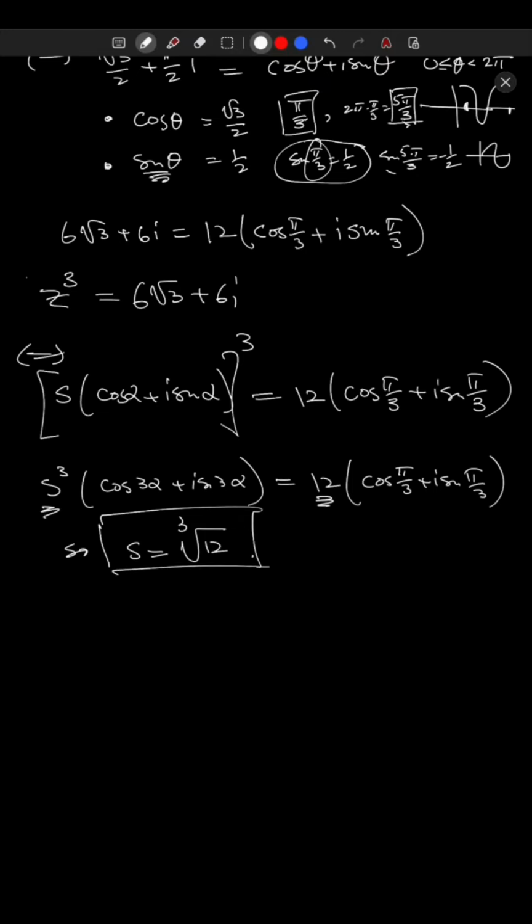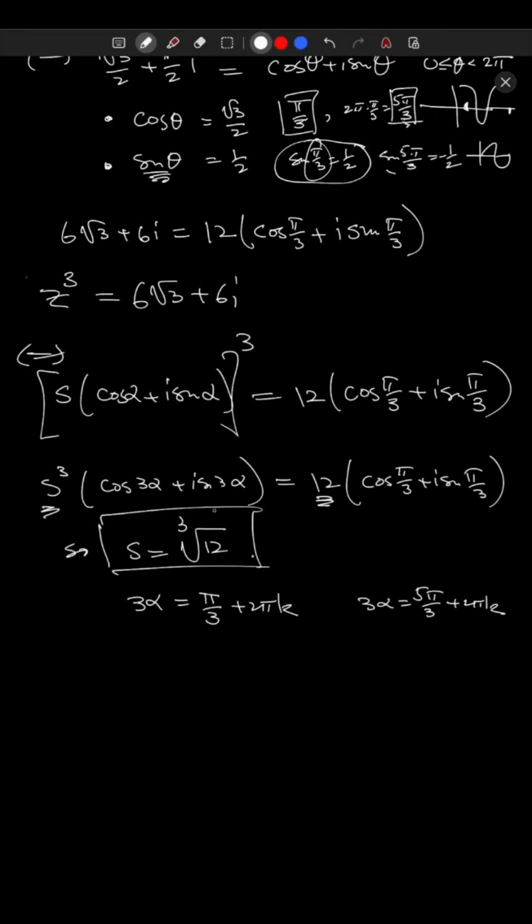Okay. And so we also know 3 alpha is pi over 3 plus 2 pi k, right? And there's the other solution where 3 alpha is equal to 5 pi over 3 plus 2 pi k.